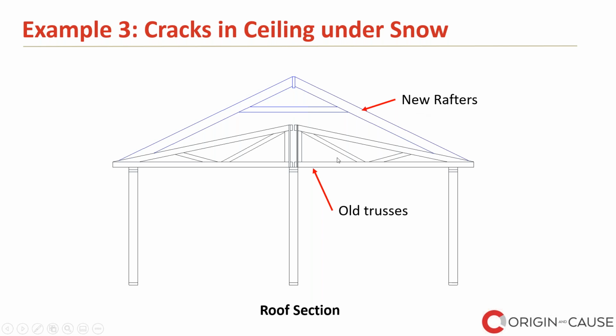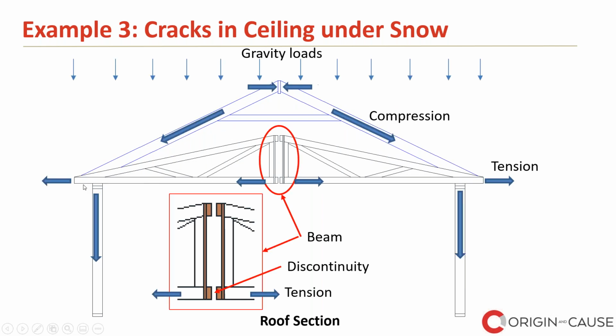However, there is no continuous ceiling joist here, or what we call rafter tie. Because this is not continuous, the tension force that I was talking about before cannot be carried by these chord members. So that's why it formed cracking here.